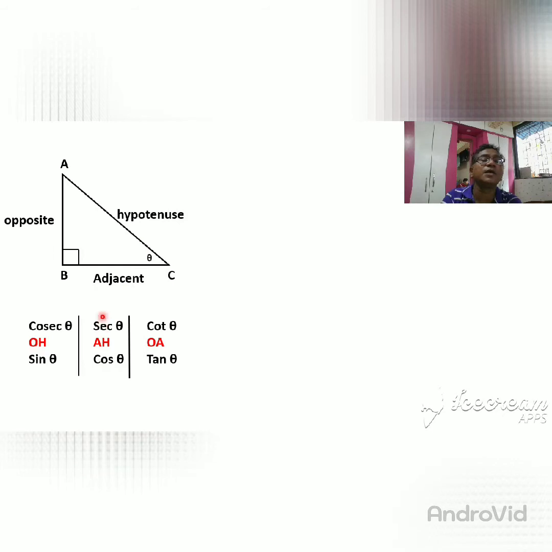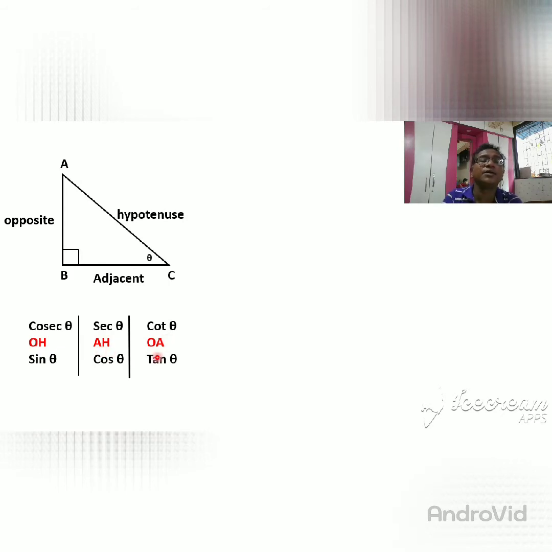So here it is BC upon AC. This is called HA, cos theta. A means adjacent, H means hypotenuse. So cos theta can be said as HA, adjacent divided by hypotenuse.